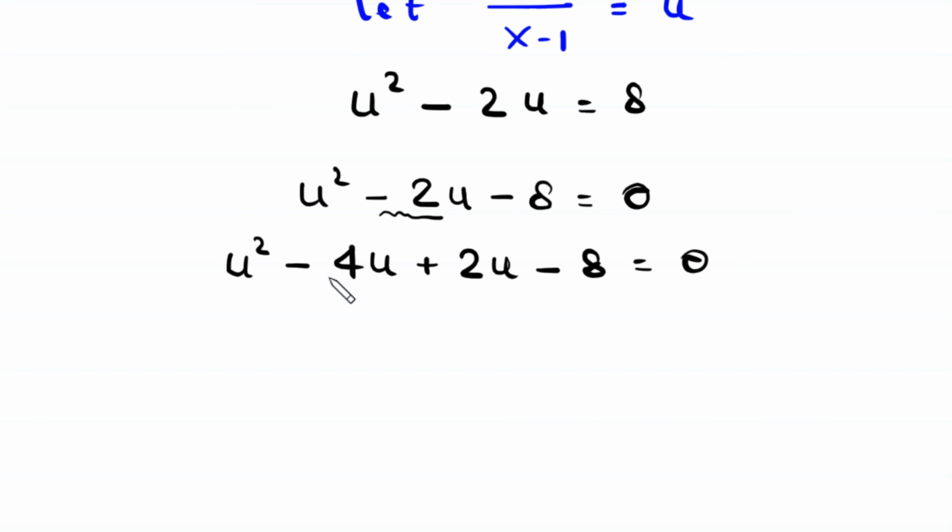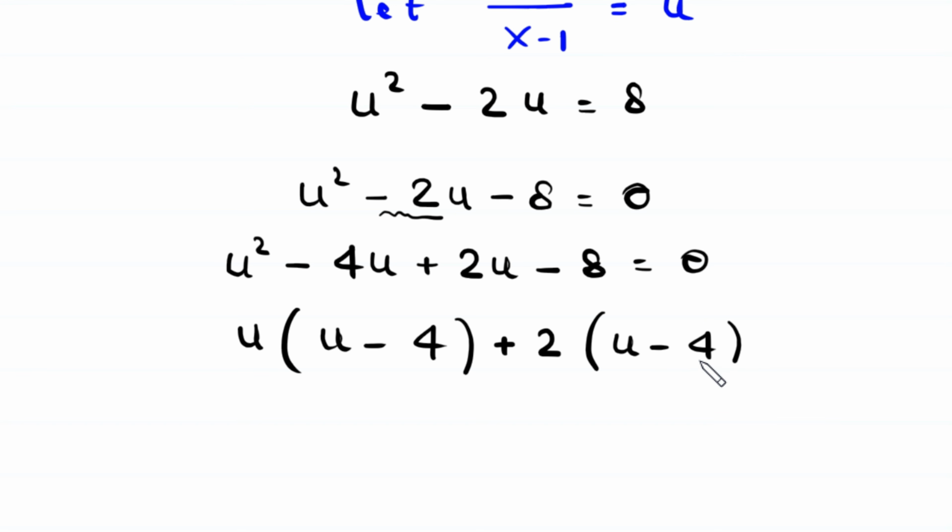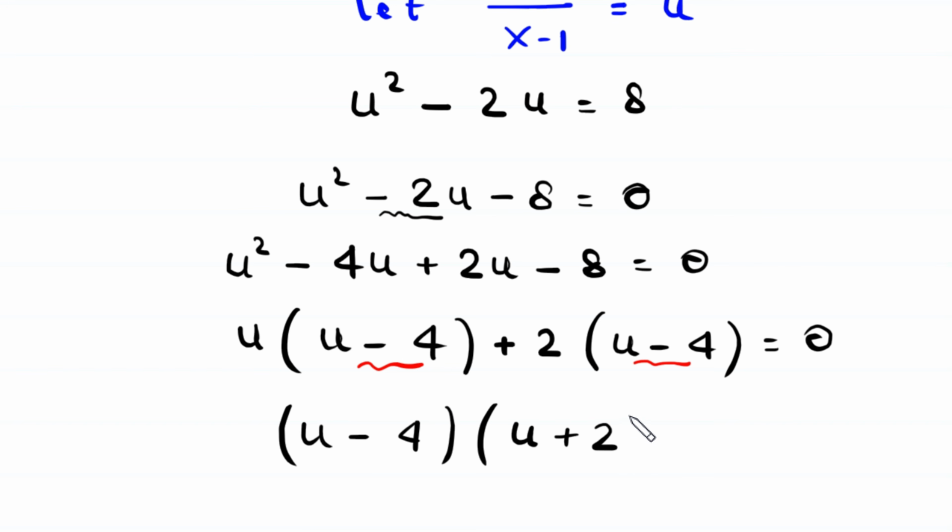From the first two terms we can factor out u, in bracket u minus 4, and from the last two terms we can factor out plus 2, in bracket u minus 4, equal to 0. This u minus 4 is a common factor, so we factor it out, and in bracket u plus 2 equal to 0.